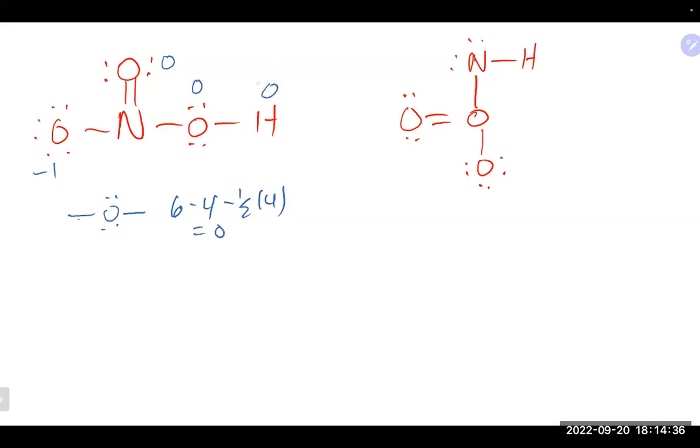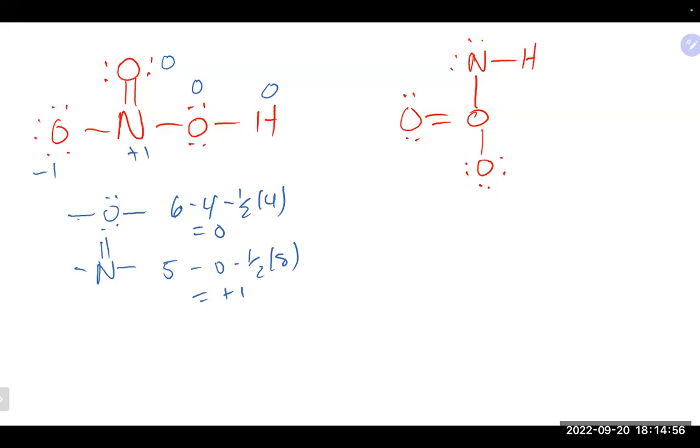Our hydrogen will be 0. And our nitrogen here, which is sort of double bonded that way, will be 5 minus 0 minus 1/2 of 8 will be +1. So we end up with a +1 sort of action happening there.